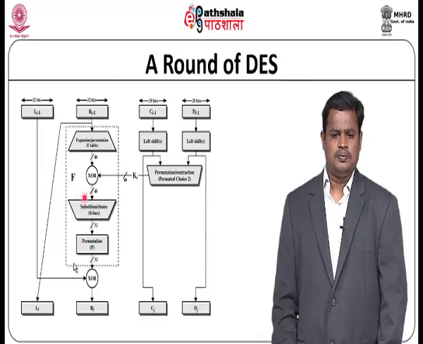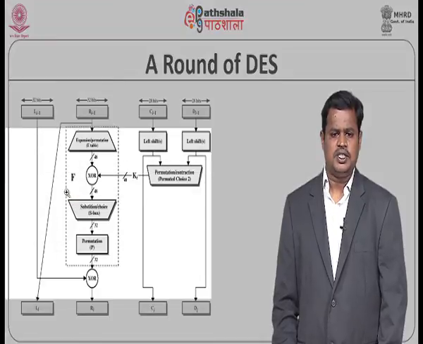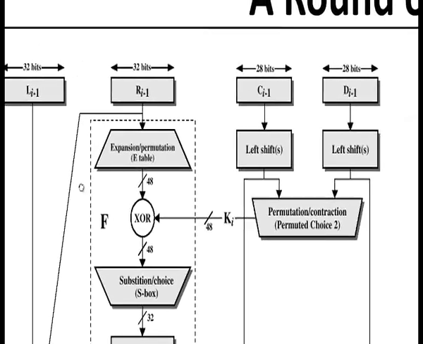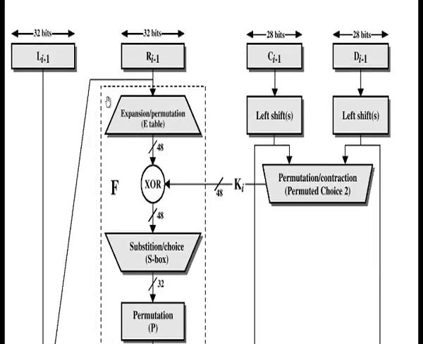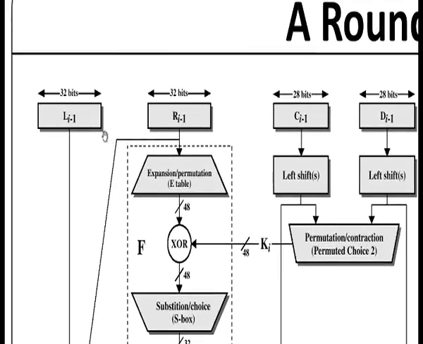Here is the overall structure. Our data block, which is 64 bits, is divided into two halves, 32 and 32, left half 32, right half 32.